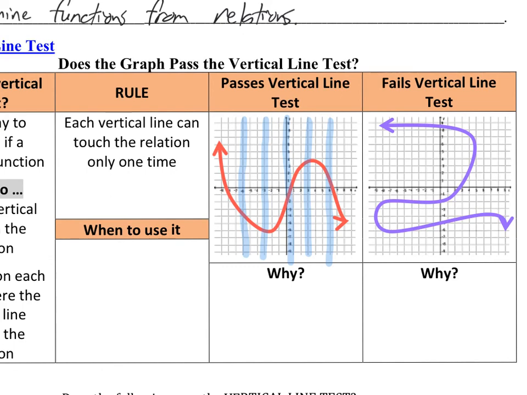Now we're going to draw dots everywhere that your graph touches that line. So it touches it right there, right there, right here, and right here. So let's count how many lines we have. We have 5 lines. How many dots do we have? We have 5 dots. So does it pass? Yes, it does.